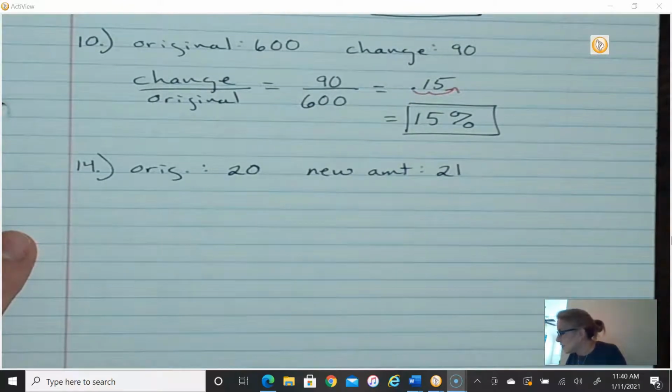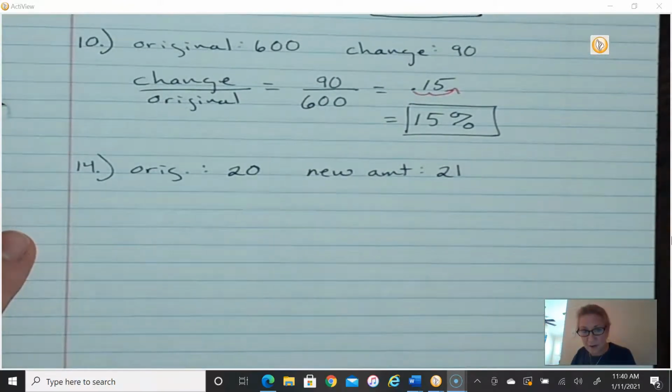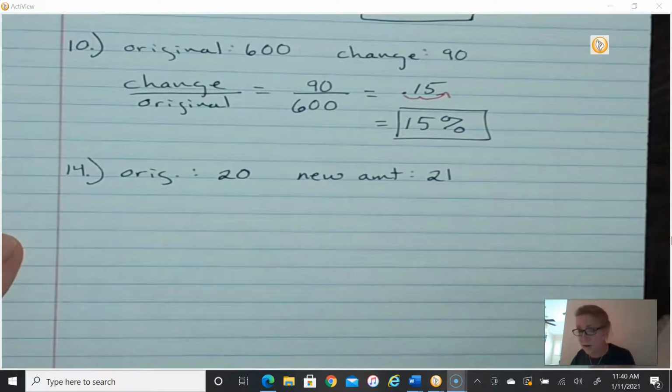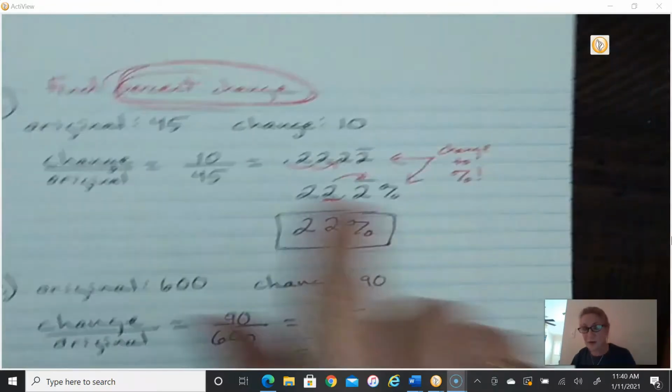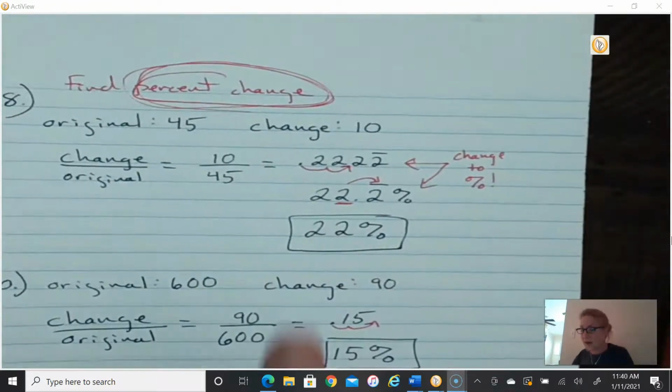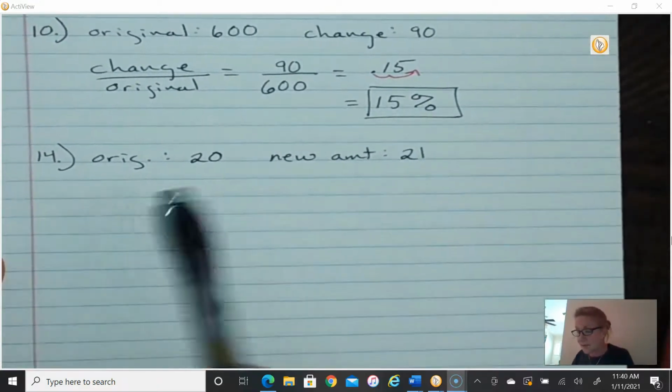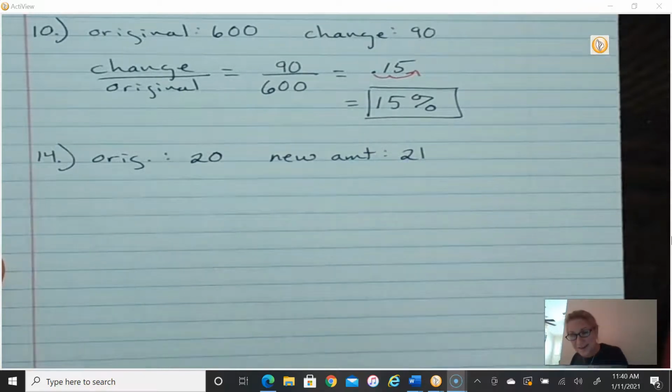Okay, so your original amount is 20, your new amount is 21. We're looking for the percent change again, just like we did right here, but notice they didn't give you the change this time. This is how it's supposed to look.